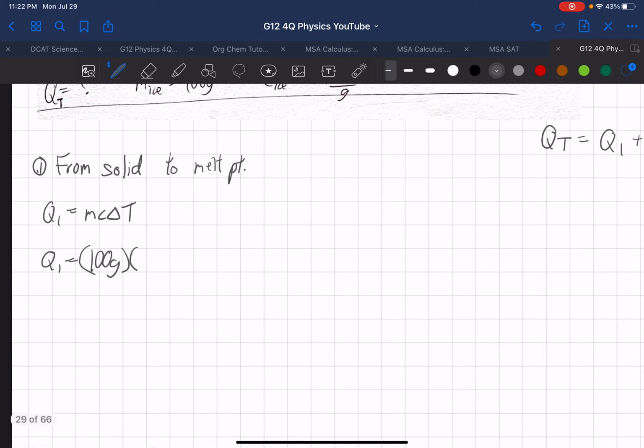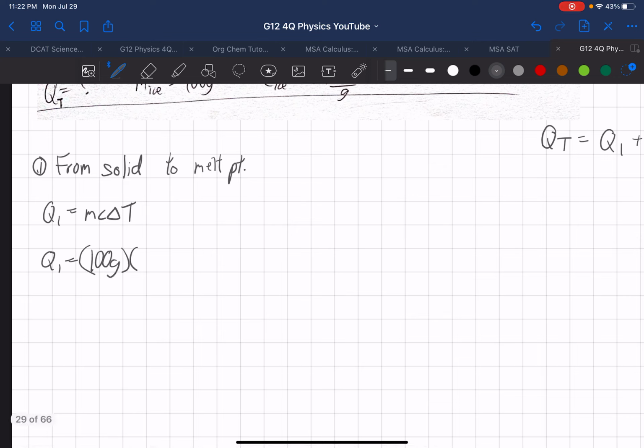Specific heat of, right now, we have a solid ice. So what's the specific heat of solid ice? It's 0.5. What's the change in temperature? From the initial temperature, that is negative 3 degrees Celsius.